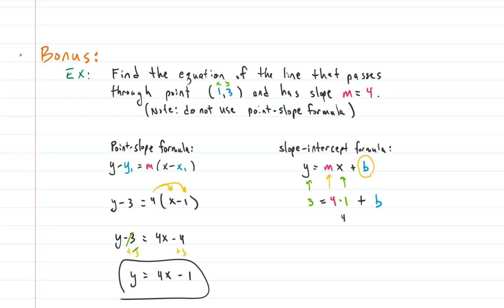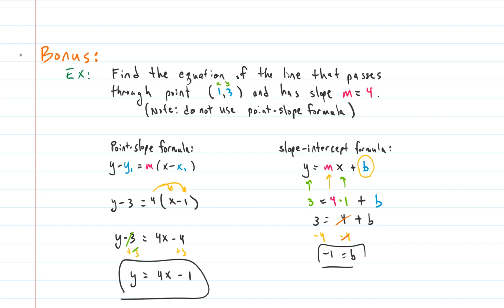Well, 4 times 1 is 4, so 3 equals 4 plus b. So we want to solve for b. If we subtract 4 on both sides, we get the 4 cancels on the right side with the negative 4, and 3 minus 4 is negative 1. So b equals negative 1. We have b.